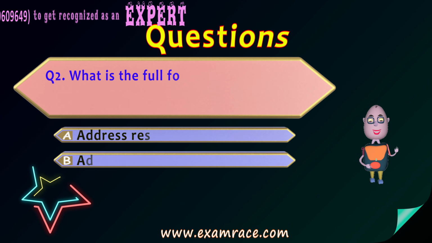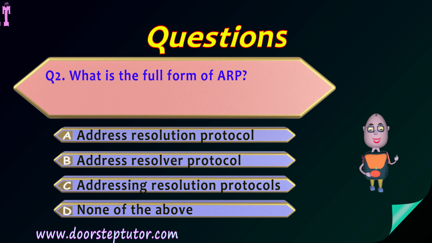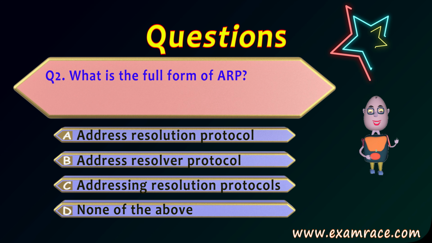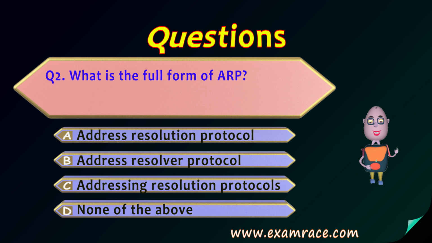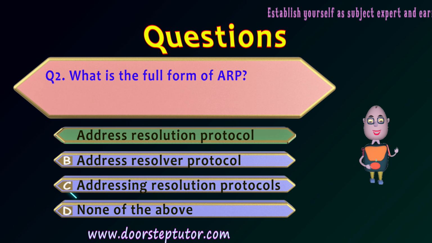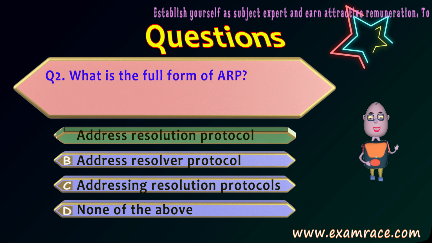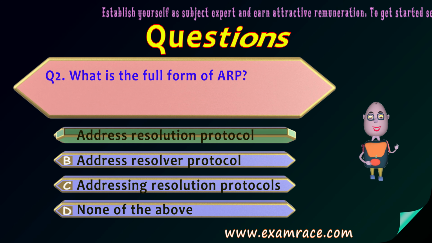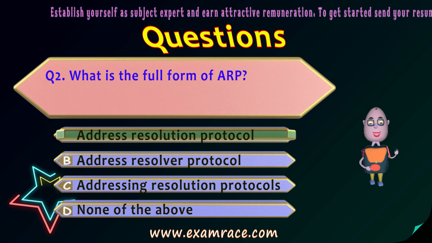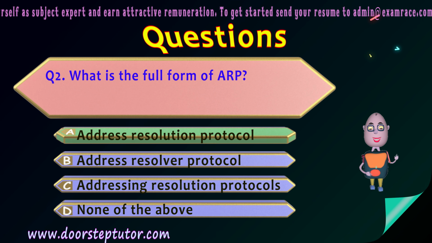So let's come to the second question. What is the exact full form of ARP? The ARP is Address Resolution Protocol. Option number 1 is the correct answer for this question. ARP stands for Address Resolution Protocol. It maps the IP address to MAC addresses.